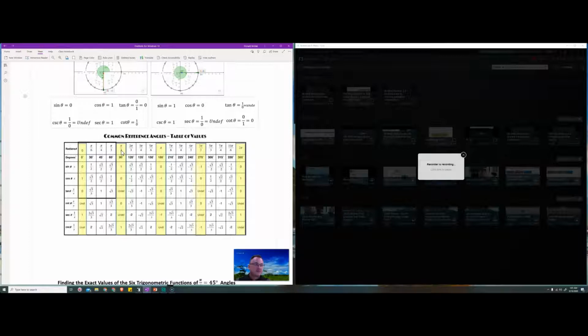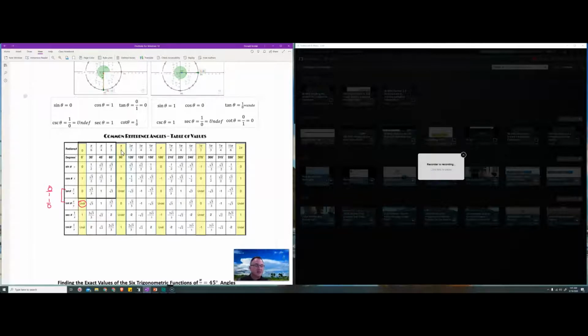Now the tangent, remember, is y over x, so the tangent would be 0 over 1, which is just 0. The cotangent is when you take the tangent and you flip it. Well, if you flip 0, it becomes 1 over 0, which is impossible. That's why the cotangent is undefined.